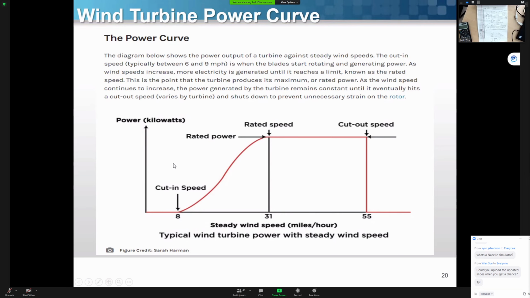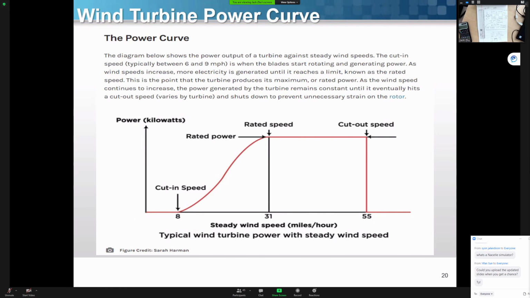For their wind turbine, if the wind speed is below 8 miles per hour, there's too little power to generate. So the wind turbine will never turn. Your wind turbine just stays stationary. They're not going to be moving the blade or doing anything. The blade is locked by the brake.